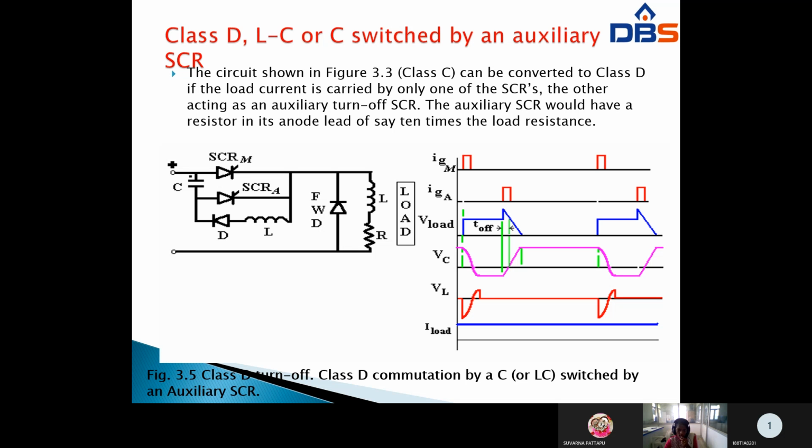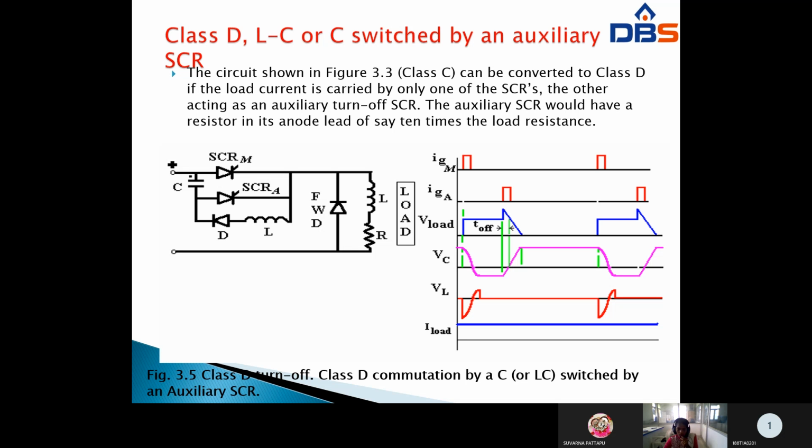And when you see the waveforms, at first the gate will be triggered. IG will be like this, and the auxiliary device is triggered in the negative cycle. So V load means load voltage. The load voltage waveform will be like this.